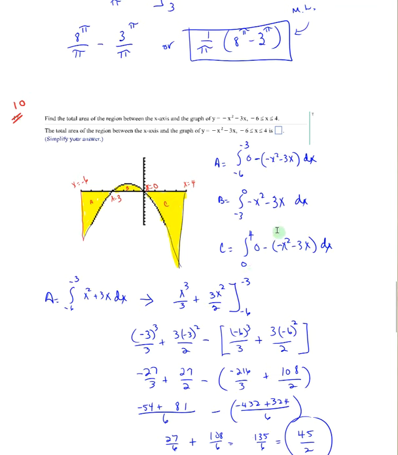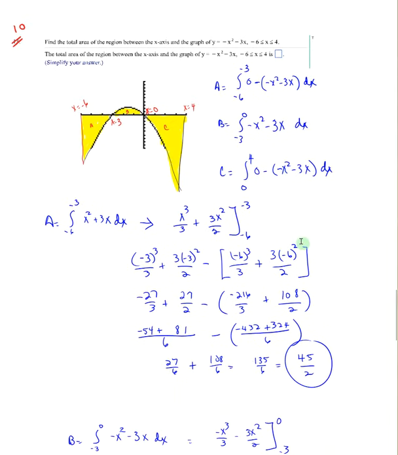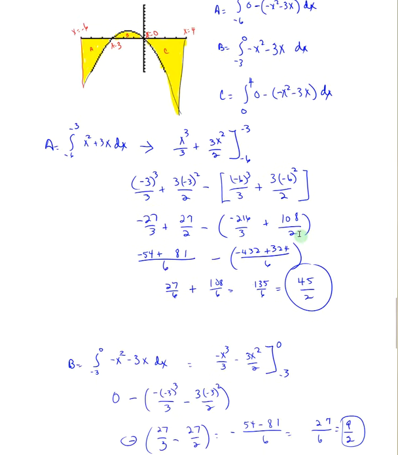So we have 3 different areas to plug in, and I did them separately. It's just a lot of fractions. So A is the integral from -6 to -3 of this. You'll evaluate at -3 and -6, and you come up with 45 halves.